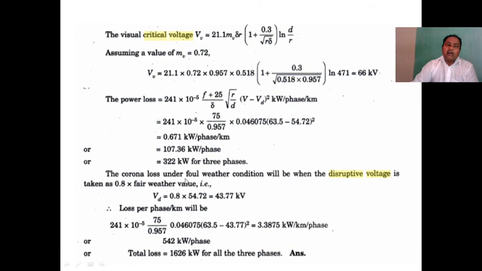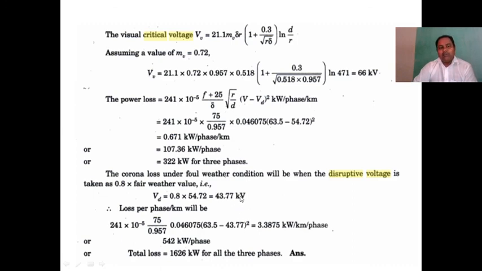The corona loss under foul weather condition is calculated when the disruptive voltage is taken as 0.8 into the fair weather value. So Vd is equal to 0.8 into 54.72, which becomes 43.77 kV. Under abnormal conditions, where the ions are much more, the disruptive voltage decreases again. In the previous case it was 54.72 kV, and now it decreases to 43.77 kV.